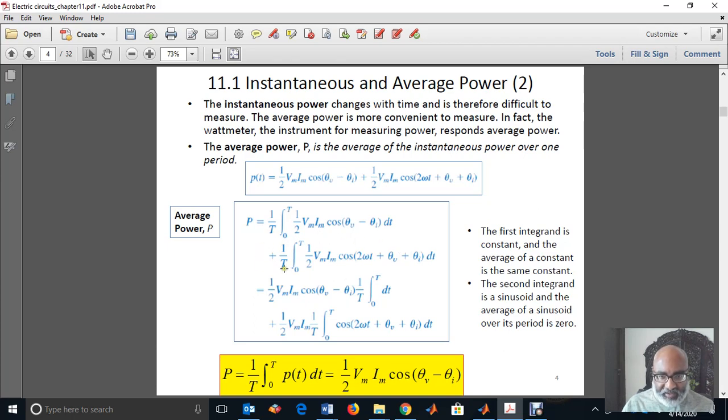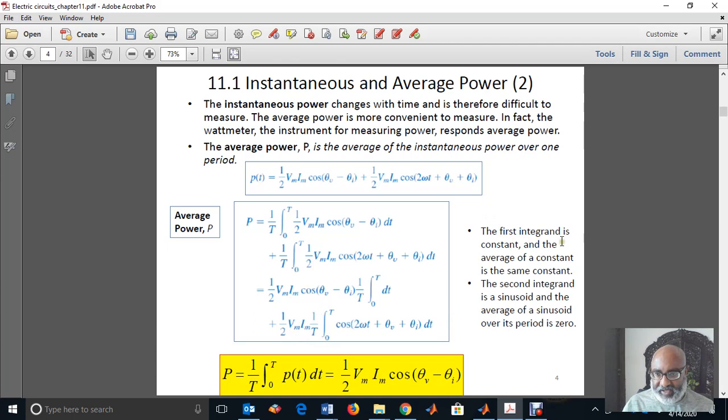Evaluated from 0 to T, this cosine will become sine. But when I evaluate from 0 to T, you can try it, it will become 0. So the average of the AC part will become 0.